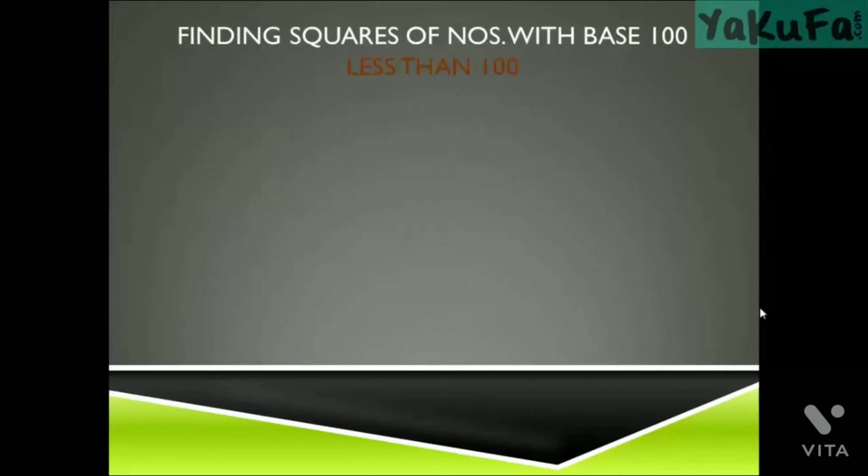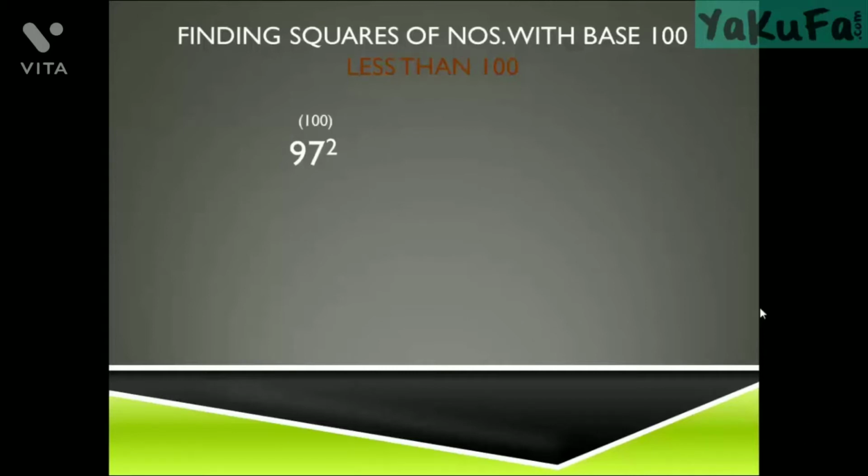Now let's find the squares of numbers with base 100 whose value is less than 100. What do I mean by that? Let's suppose you want to find the square of 97. You know its base is 100, and it is 3 less than 100.